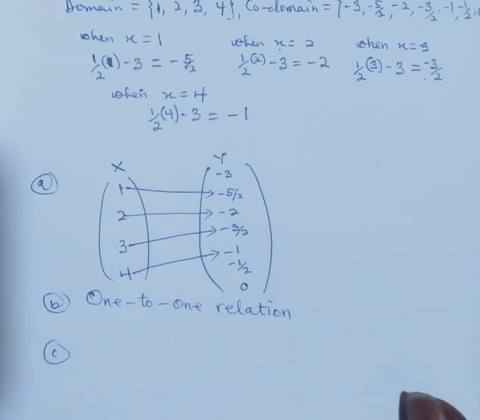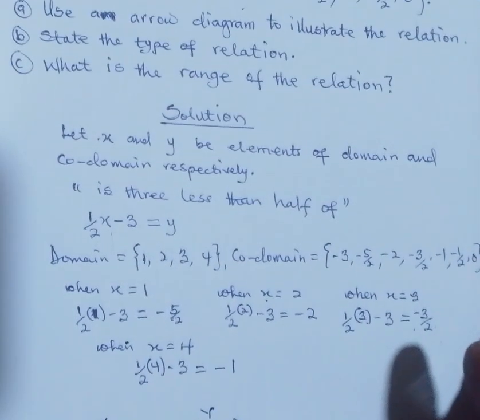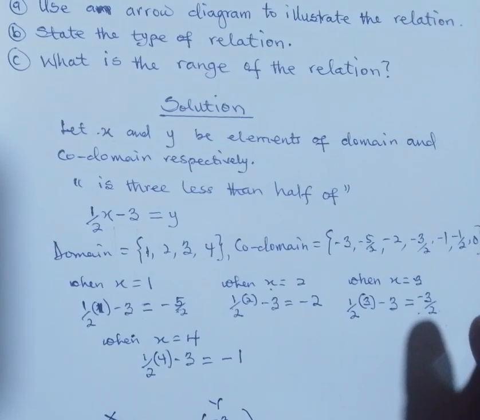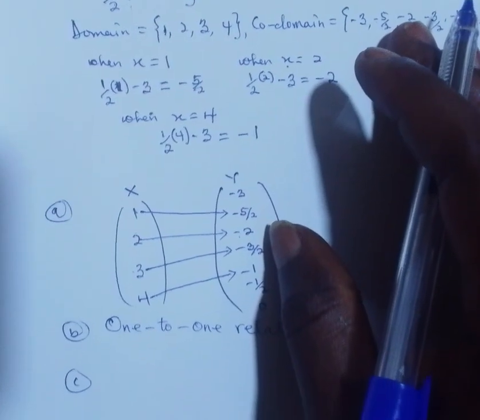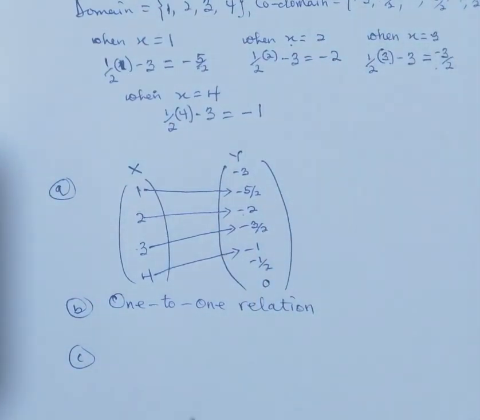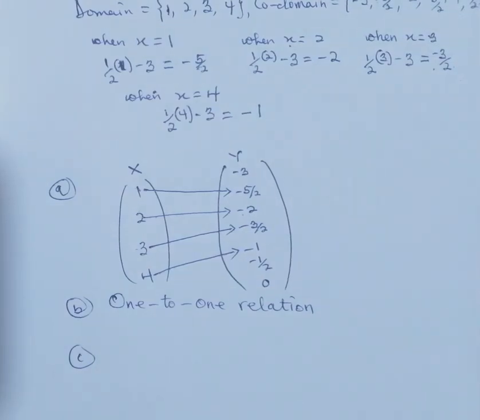Now let's look at the C. The C also says we should find the range of the relation. Remember what we said about the range. The range is the possible set of y values that correspond to elements in the domain, or x.